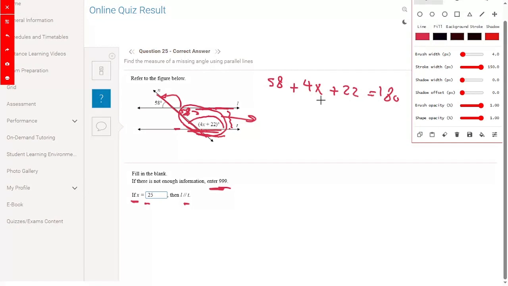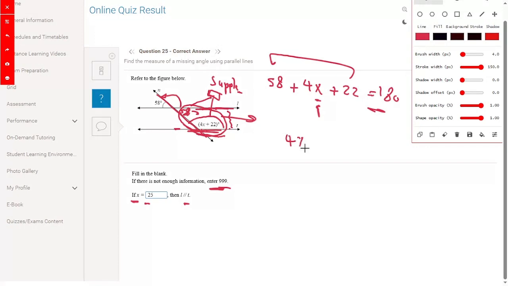So we need to know what x is to match the equation and make the summation of these two angles supplementary, equal to 180. Now 58 plus 22 will be 80.